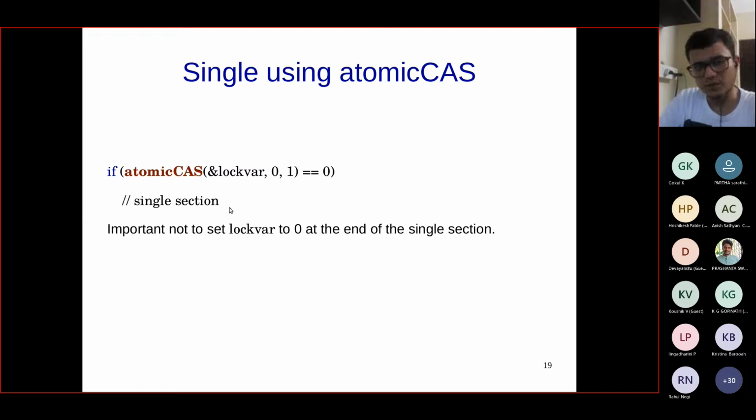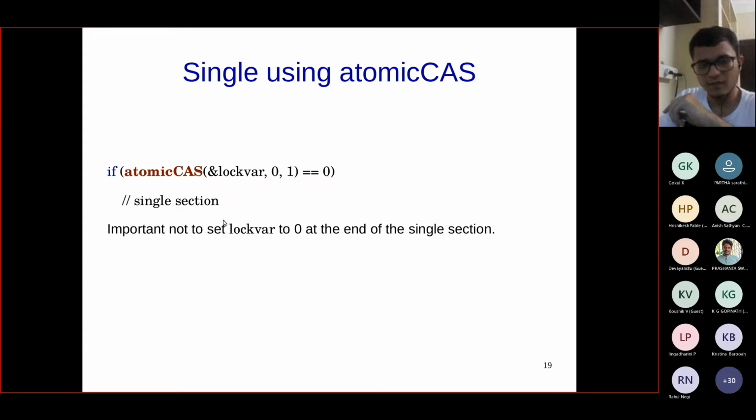All the rest of the warp threads will wait here while this single section is being executed by that single thread which is part of that warp. So all other warp threads are waiting here. Meanwhile, that one thread which succeeded here is executing the single section.